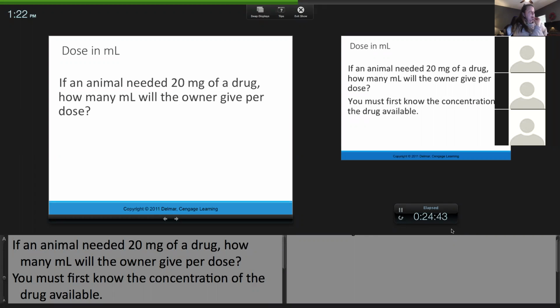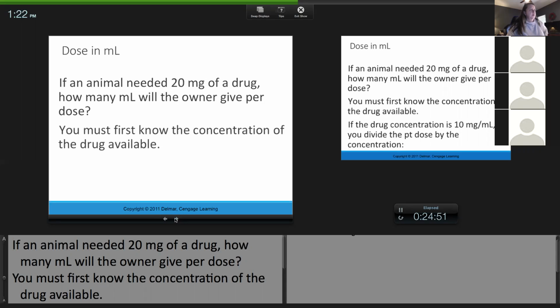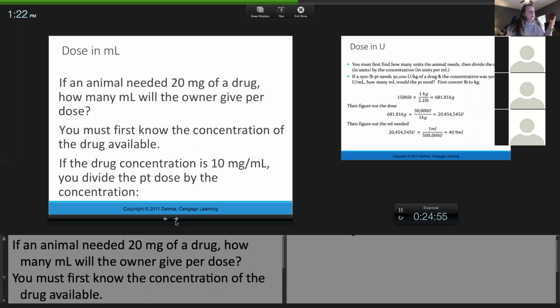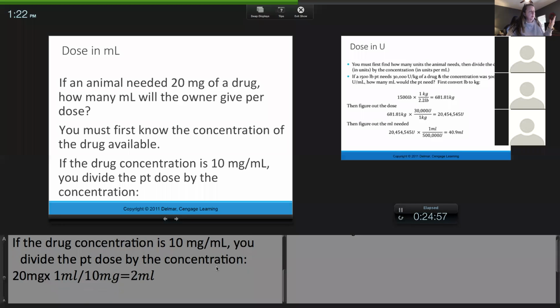Okay. Now, dose and mL. If the dog needs 20 milligrams, how many mLs is the owner going to give? We have to know the concentration in the mLs. If a drug is 10 milligrams per mL, here's the math underneath. You need 20 milligrams, and it's 10 milligrams per mL.